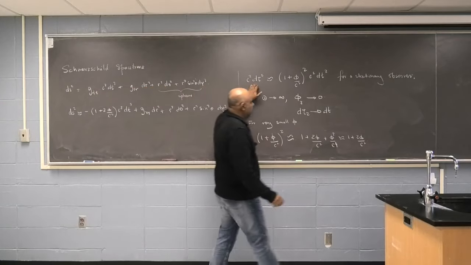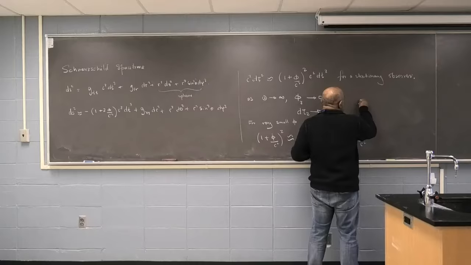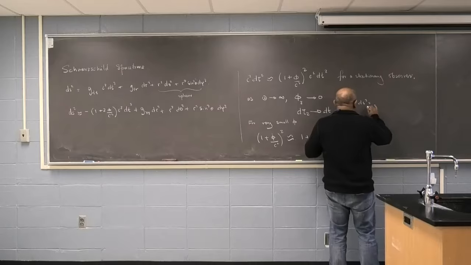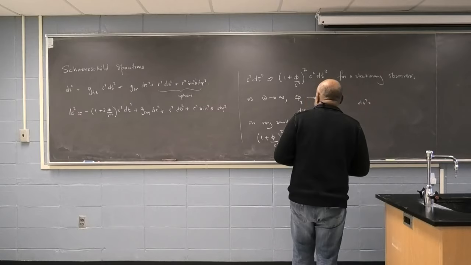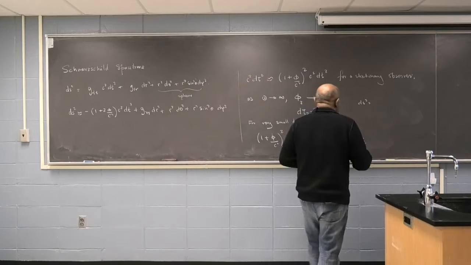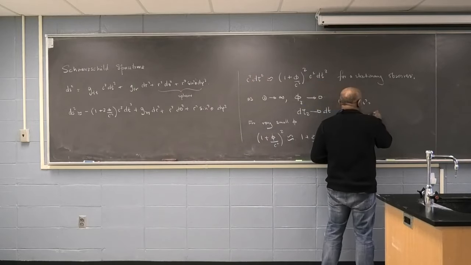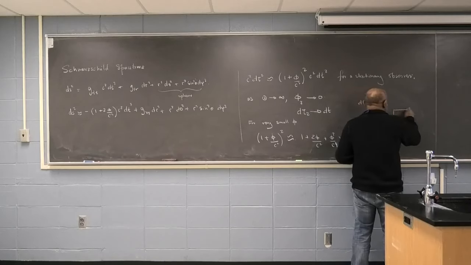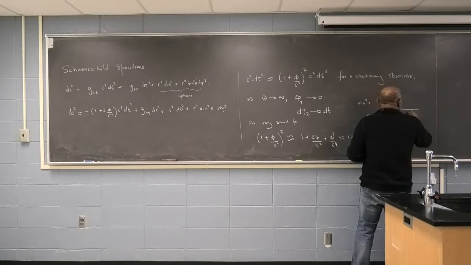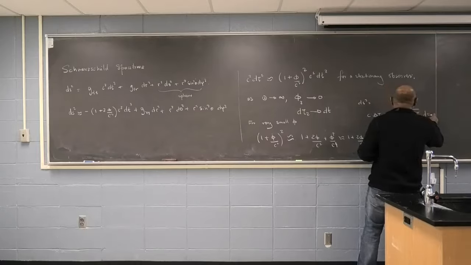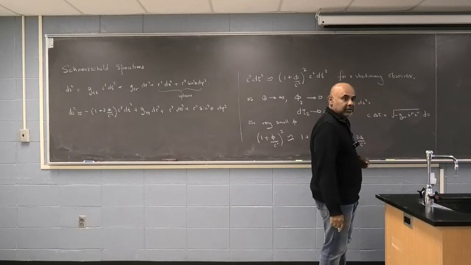But remember, ds squared equals, or rather, c delta tau equals the square root of minus g mu nu x dot mu x dot nu.